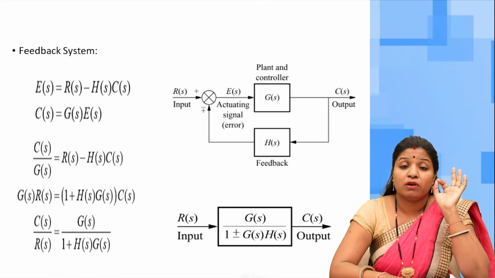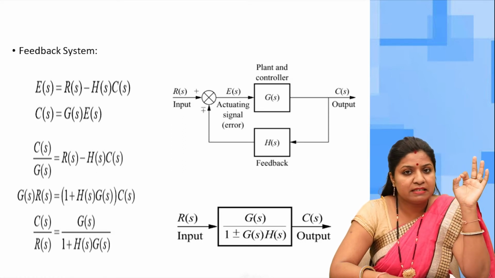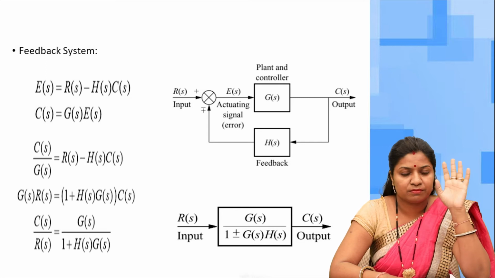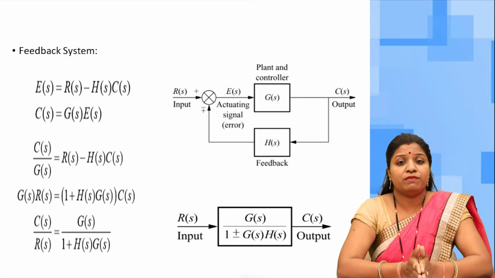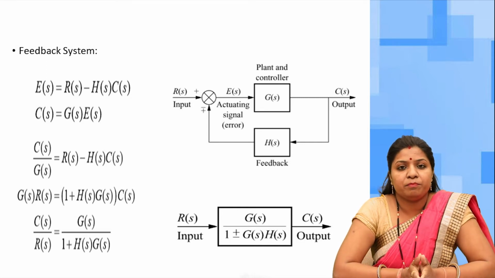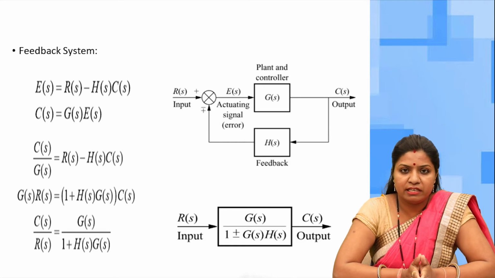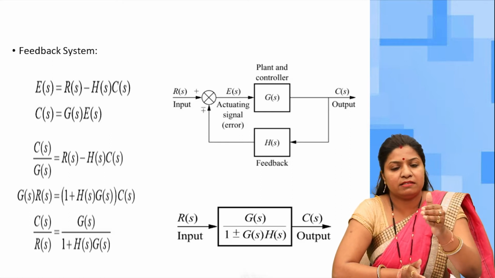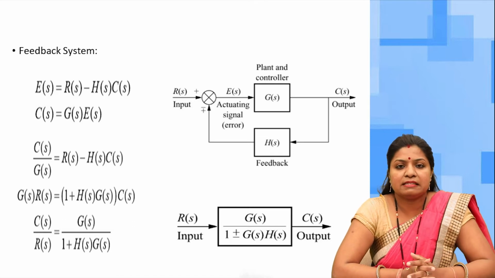Now we also have the value of C(s). C(s) equals E(s) into G(s). By putting the value of C(s) in the previous equation and rearranging, you will finally get the formula G(s) upon 1 plus or minus H(s) into G(s). This was the concept of the feedback block. These were the three concepts of blocks only.